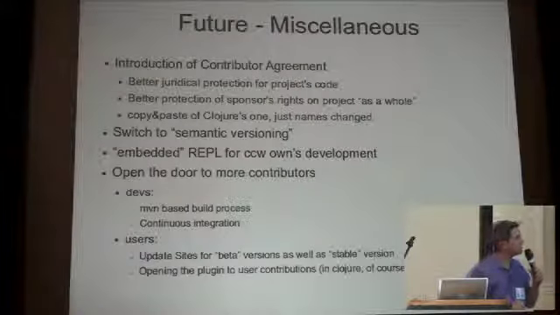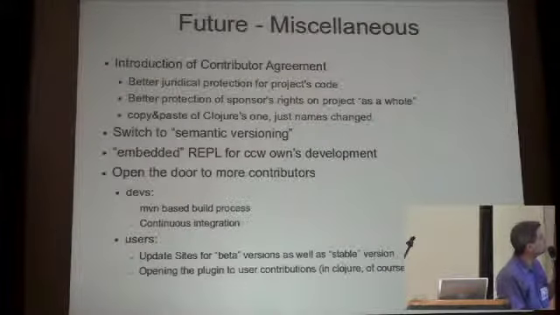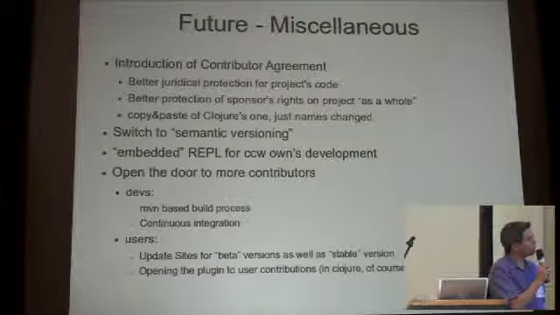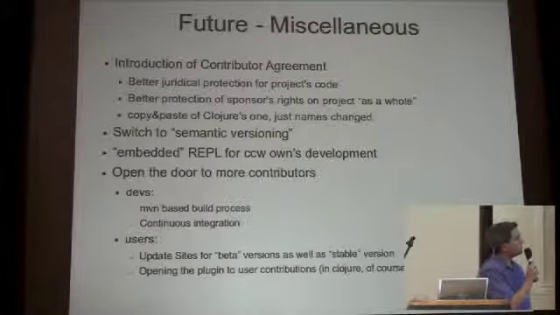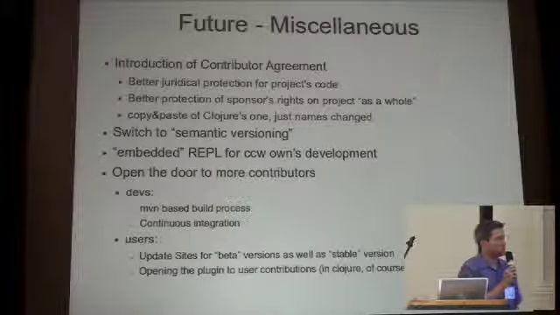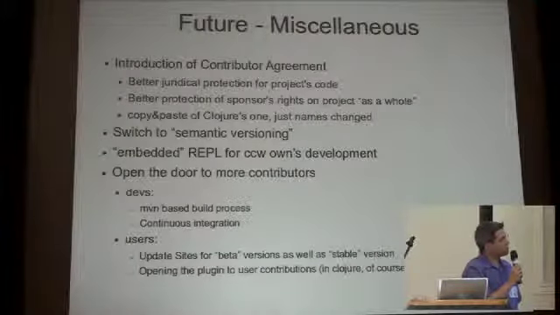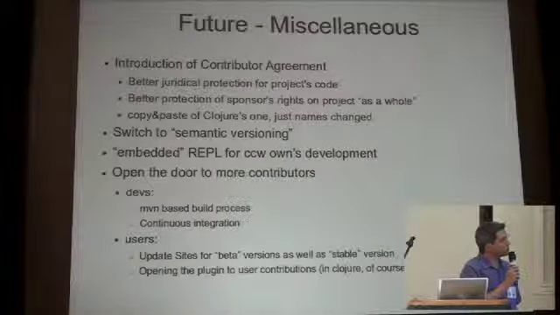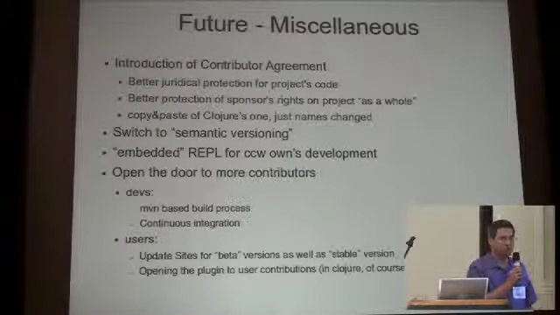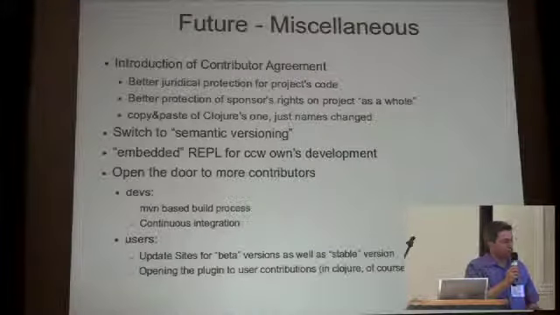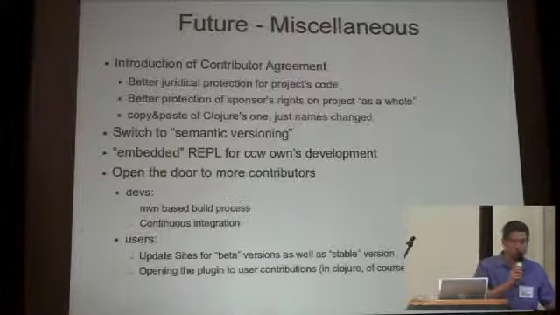Okay, so now this is not about features, it's a miscellaneous set of things I would like to be doing in the future. I intend to introduce a contributor agreement because the project is beginning to grow, and to protect the project source code itself, and also to protect a little bit my interest in being the sponsor and still being able to manipulate the project as a whole.